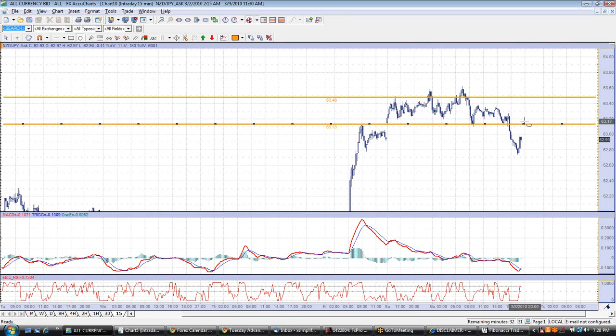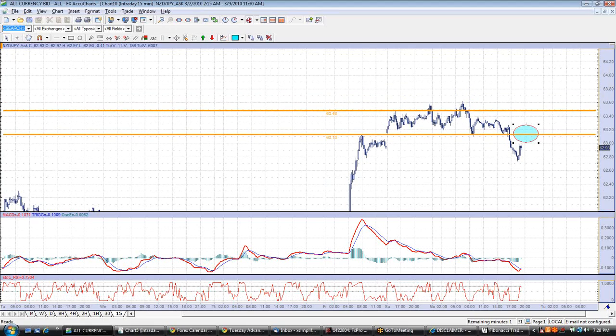New Zealand JPY. I would like to short this level with a candlestick formation. This is 63.13. I would like to short it, but I want to see a candlestick formation because we can also retest higher.